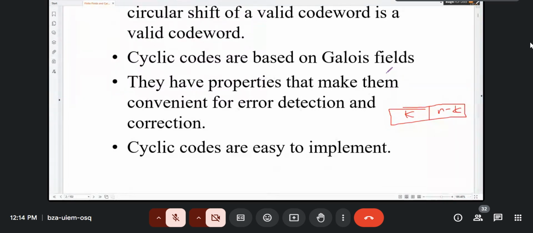You have received the code word at the receiver, and you want to establish that it is valid. Or anybody, can anybody assist in that?